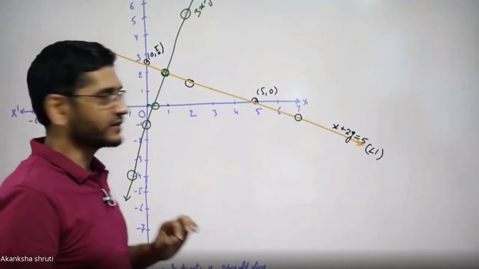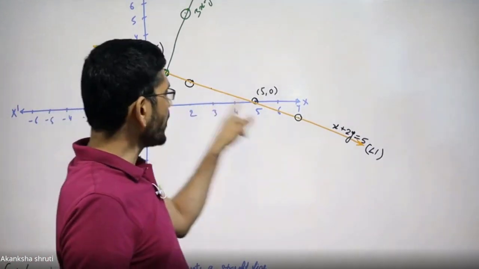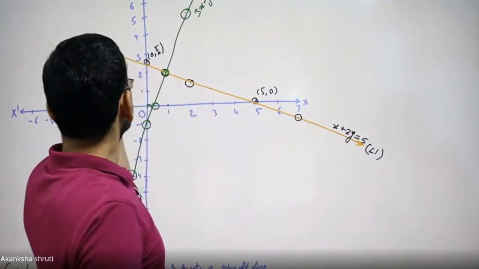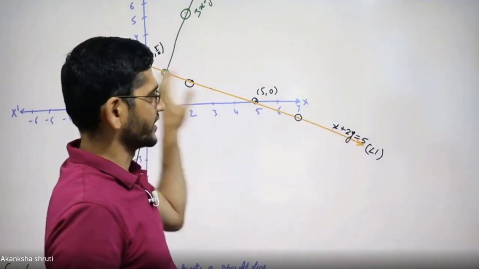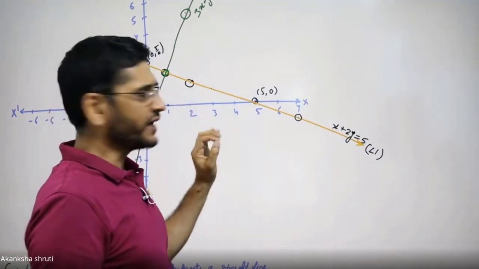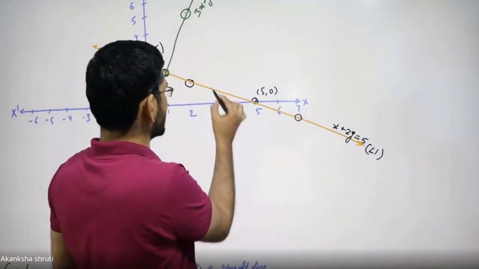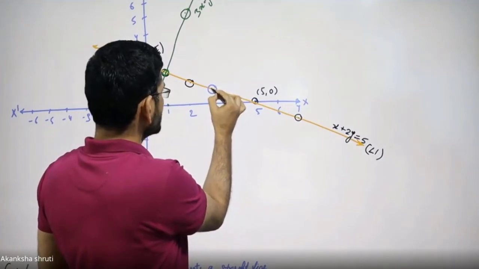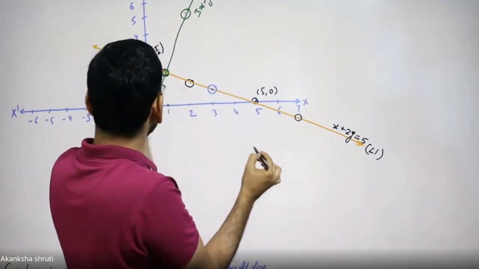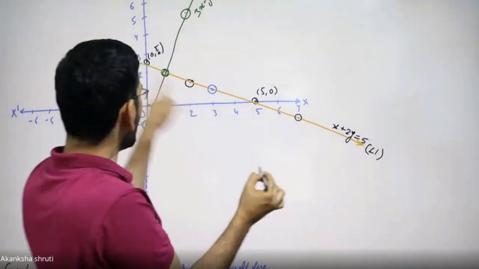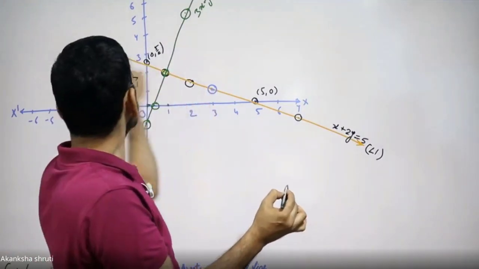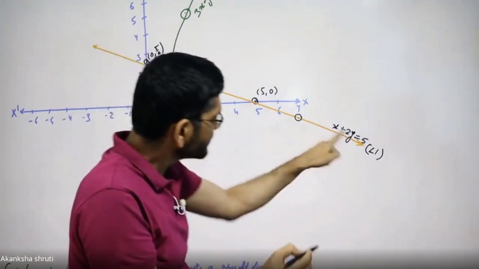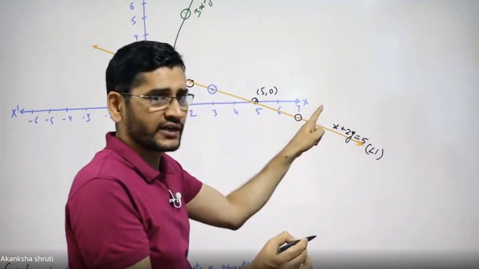Students, the other thing: all the points on this straight line, say for line 1 I am considering, any point that you consider on this straight line, say this point, which is lying on this graph, will be a solution for this equation only.